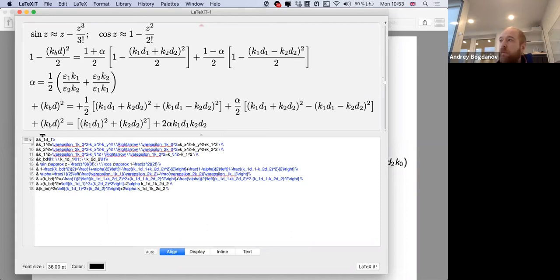And then when we compare the final expression with the known expression for the dispersion of the extraordinary wave in a uniaxial crystal, we definitely can find the expression for effective permittivity.